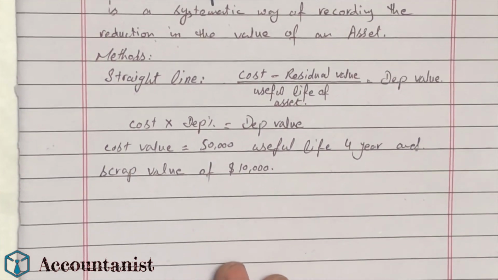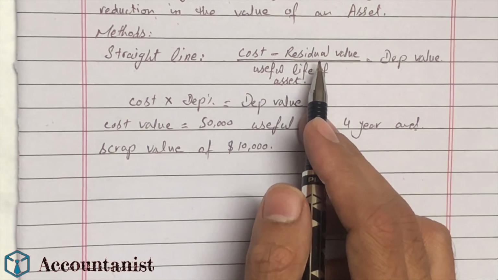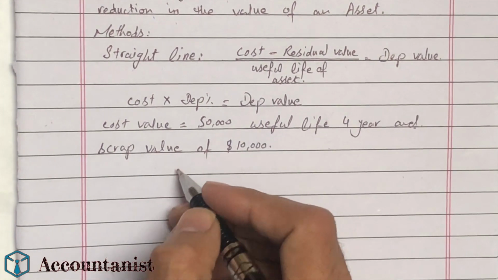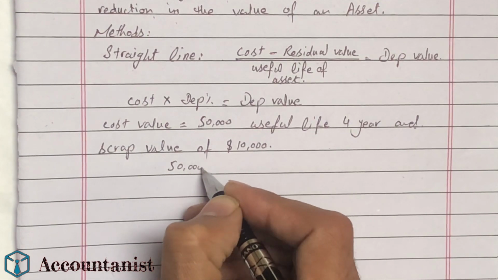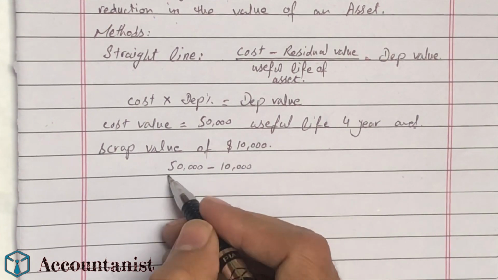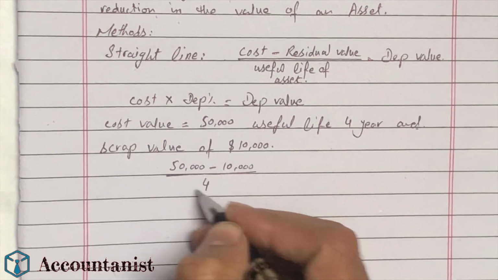Because we have the useful life of the asset and the residual value, we will go with this formula and get the figure of depreciation by deducting the scrap value from the cost value and dividing this by the useful life, that is 4 years.